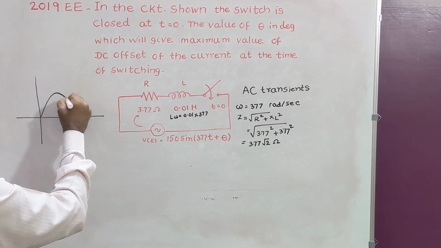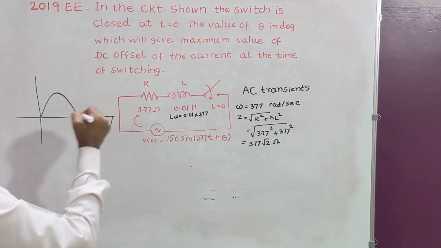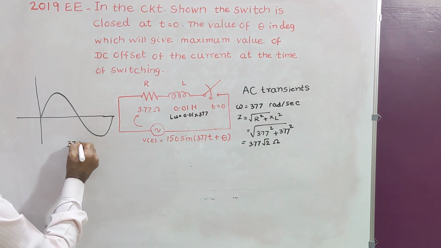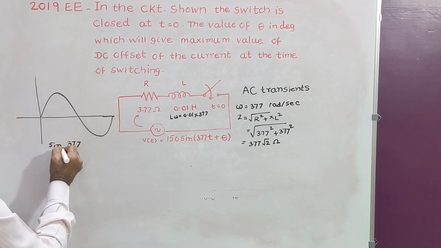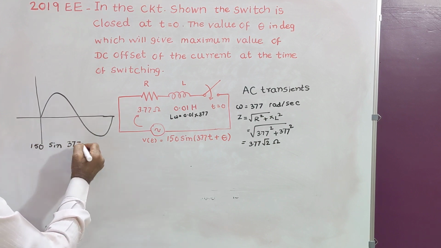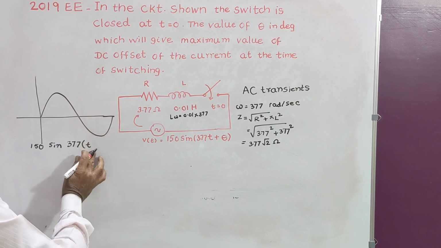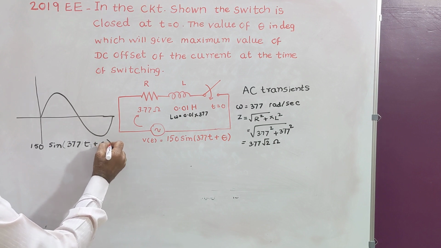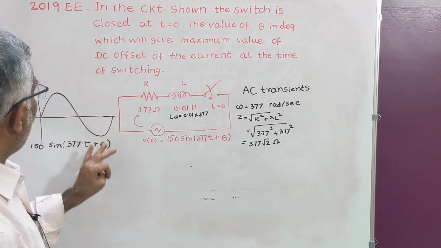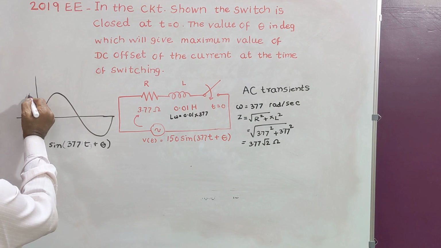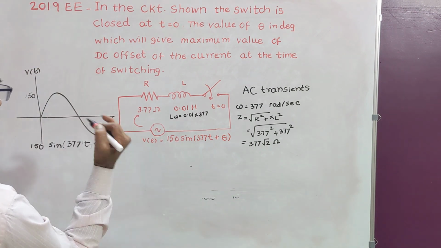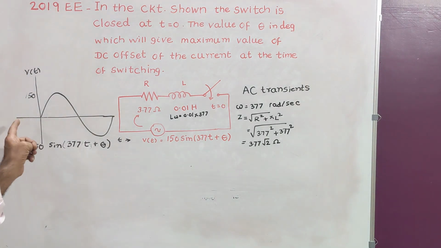If this is the sine waveform, 150 sine 377t plus theta. So this is a sine waveform, magnitude 150, plotted against time. This is 150, this is minus 150.